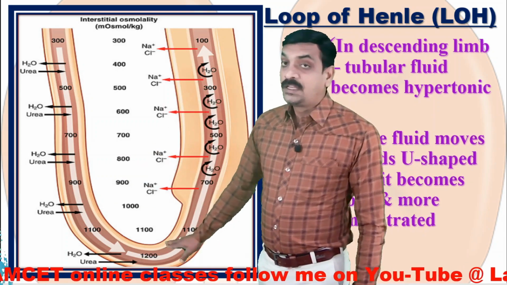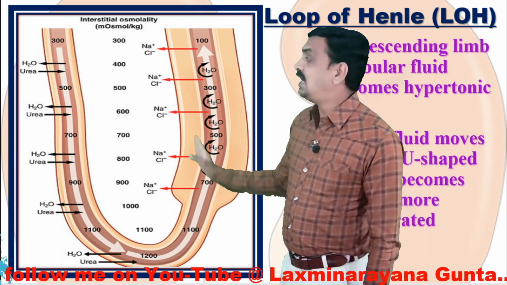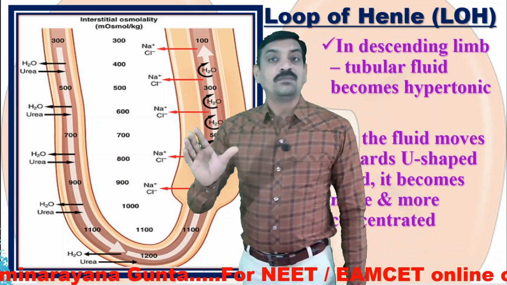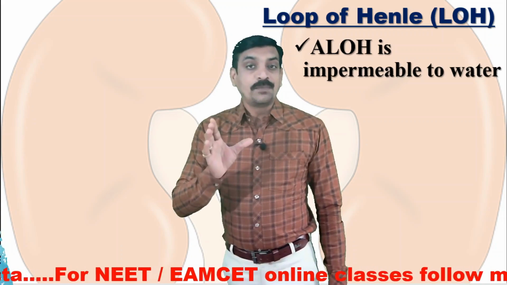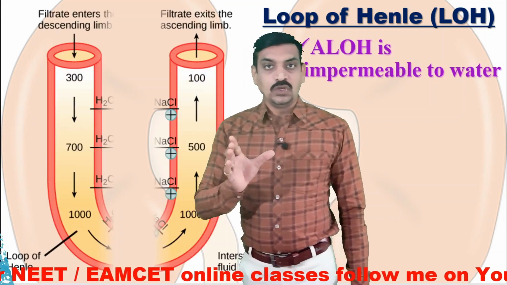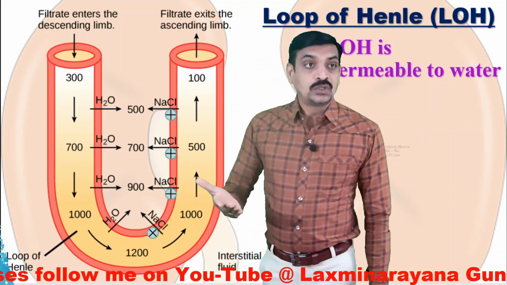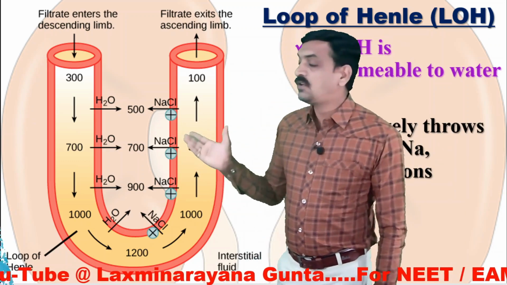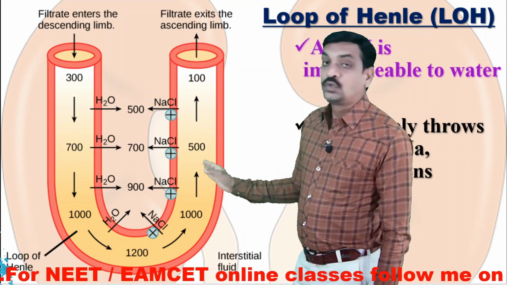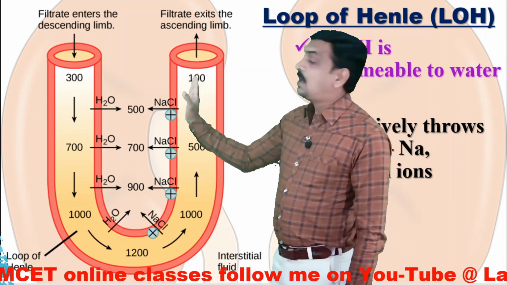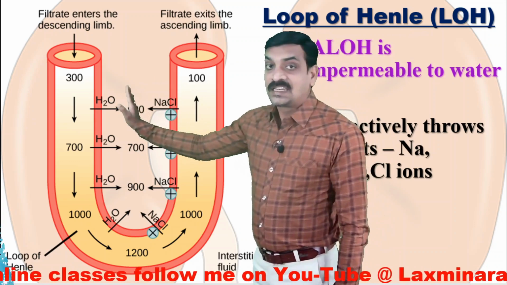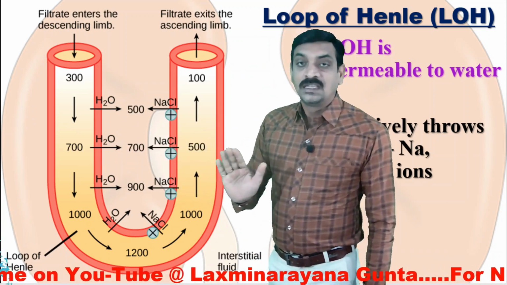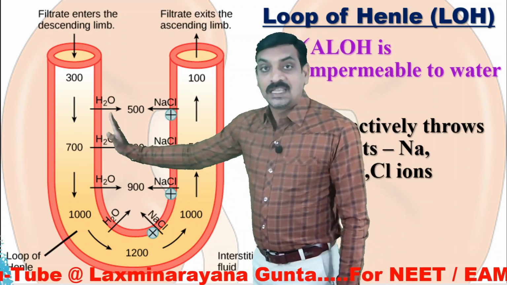Okay, but when it starts reaching the ascending limb of Henle, what happens? The ascending limb of Henle is impermeable to water, and it throws out salts like sodium ions, potassium ions, magnesium, chloride ions, etc. As the tubular fluid ascends up, almost all the electrolytes are reabsorbed, and the water will not be reabsorbed.